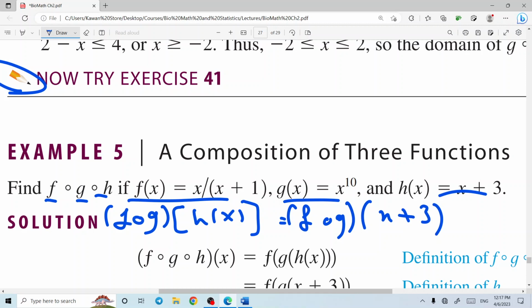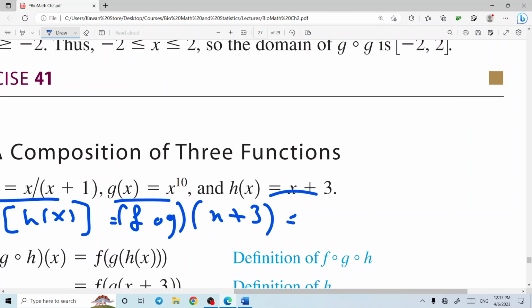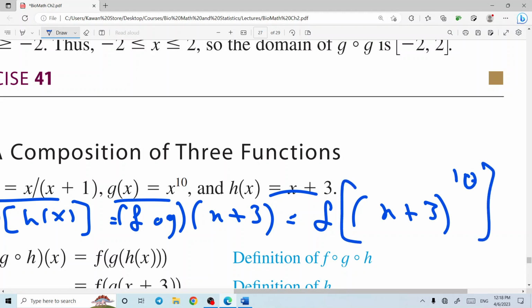So tell me about g. If you give anything to g in this example, we'll make it to the power 10. So I have what? I will get, yes, f of x plus 3 to the power 10. Am I right? And how about f? If you give anything to f, we'll make it x plus 1. So I say it is equal to what?